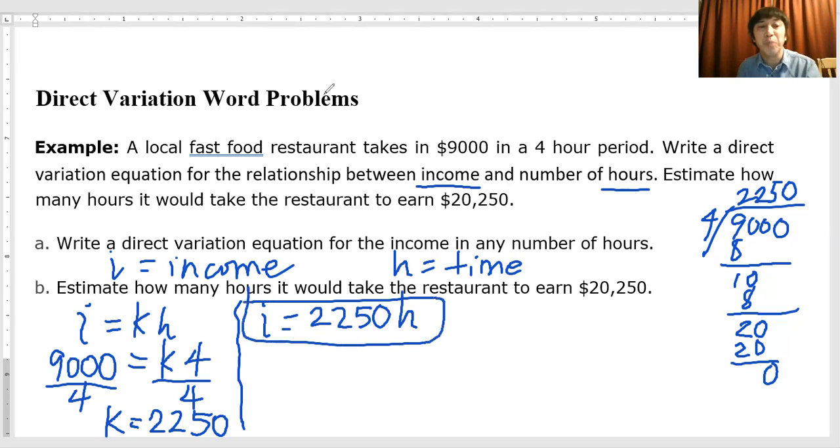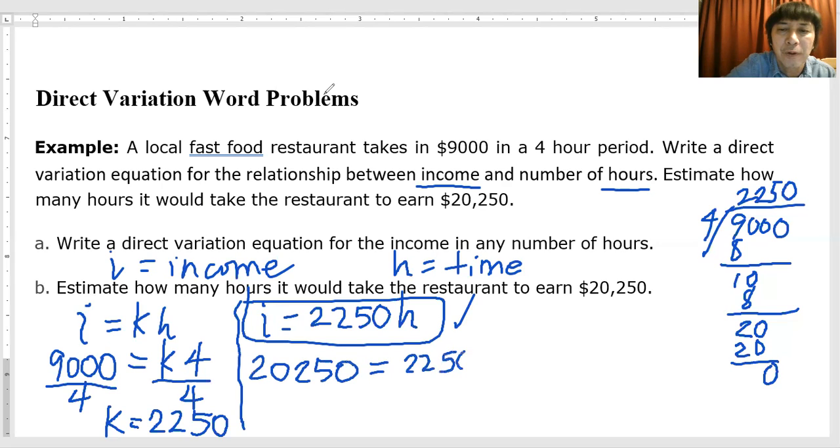All right, next question B. Estimate how many hours it would take the restaurant to earn $20,250. So we can use 20,250 in place of I in the equation. So this will now be 20,250, that's the I, is equal to 2250 H, and we'll be able to solve for the estimated hours.